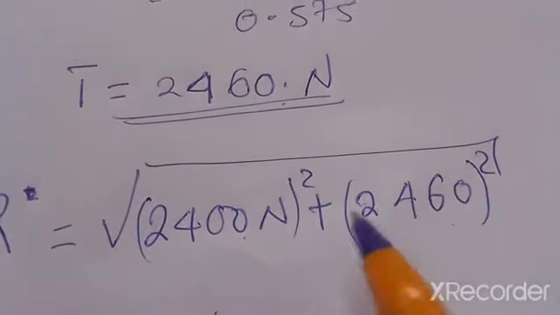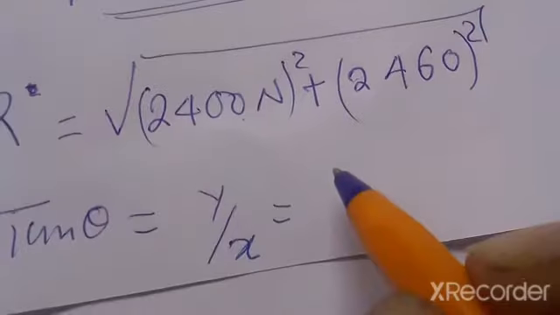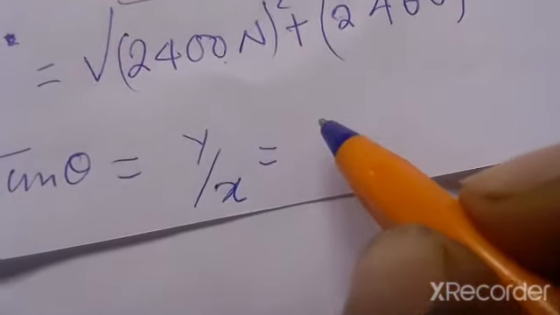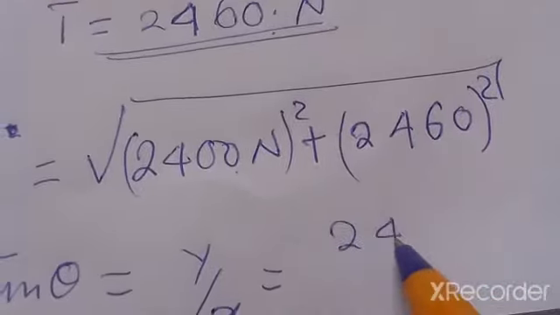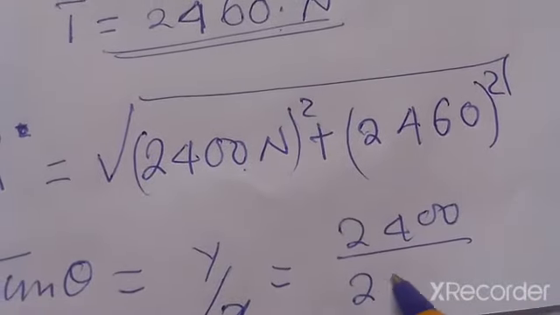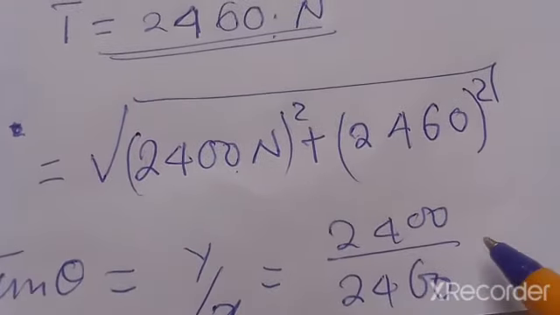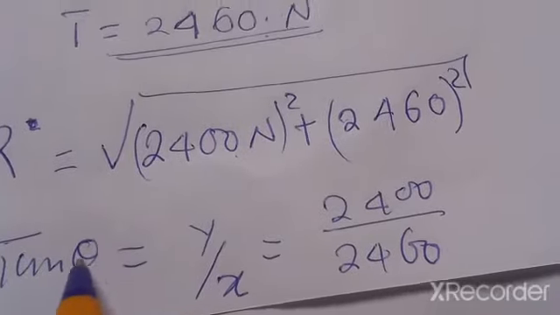So the y is 2400 divided by 2460, and then you're going to have to solve for theta.